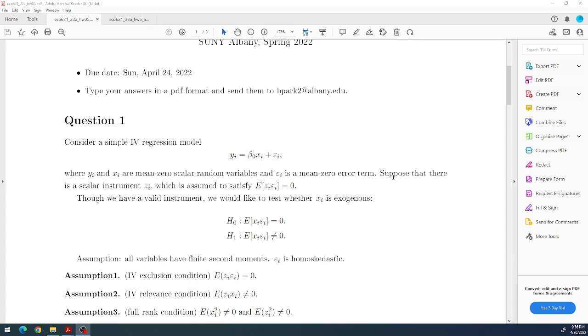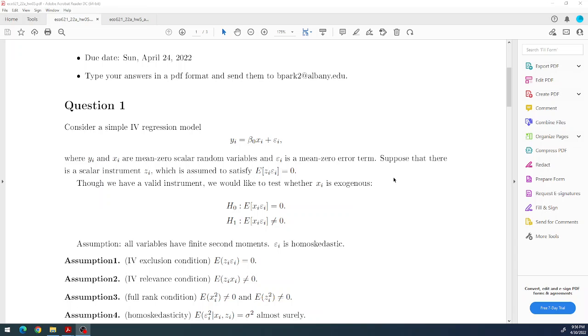And as you see, this question one is the simplest possible example we can think of, right? So just one regressor, and it can be endogenous or exogenous. One regressor, one IV, everything is standard.